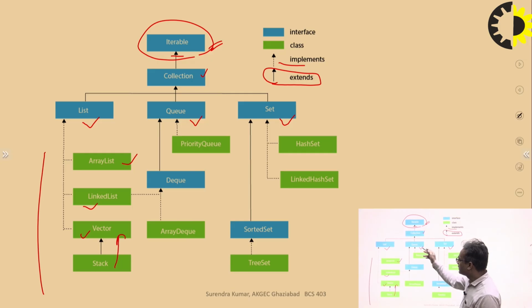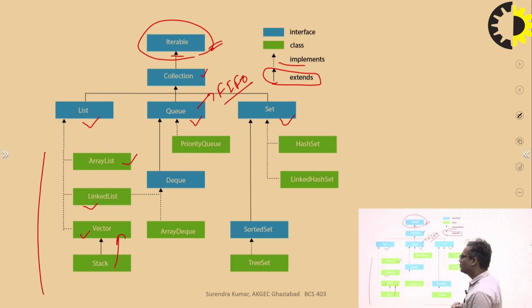If we come to the queue, queue is basically a linear data structure having a particular property of insertion or deletion in FIFO manner, first in first out manner.